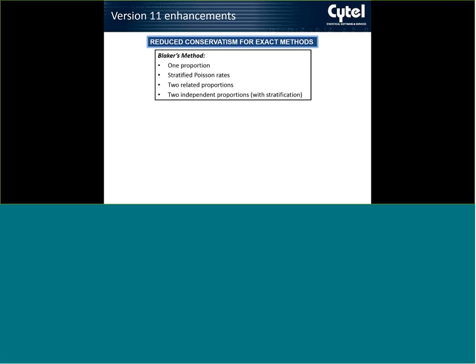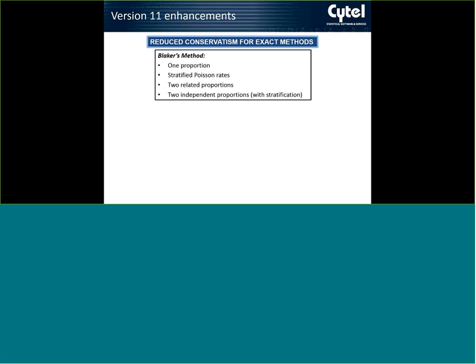But this was a method that was proposed that can be broadly applied to many exact inference problems. In StatXact, it's been applied to problems of one proportion, Poisson rate or stratified Poisson rates, or two related proportions or two independent proportions, with or without stratification.